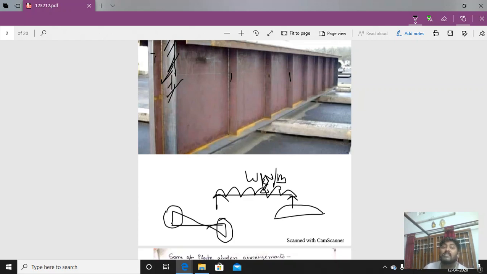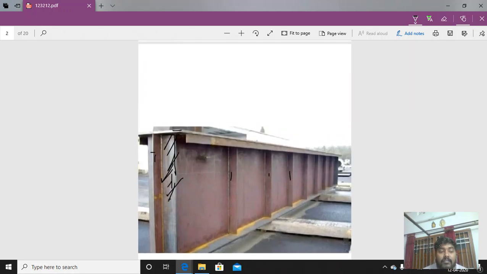So to take this extra shear force, the bearing stiffeners which are provided at the end are called end bearing stiffeners. This is the number one transverse stiffener, and the second ones are called intermediate transverse stiffeners.